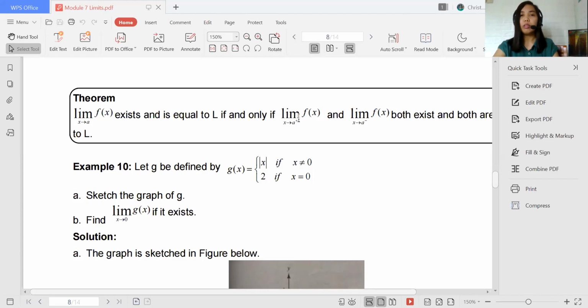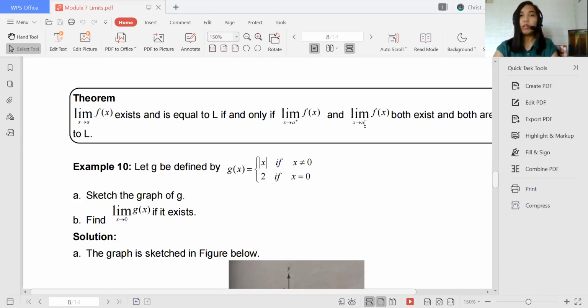So we need to check the right hand limit and the left hand limit, and check if the limit from the right exists and if the limit from the left also exists. What do we mean by exists? There is a value. The value is a real number, any real number.